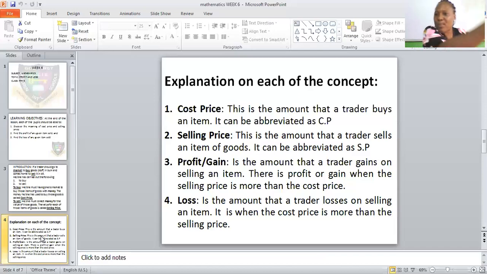Now, the cost price is the amount that he or she bought it for in the market. Now, if the amount you are selling it for in your shop is lower than the amount that you bought it for, then the person has lost. That's loss.